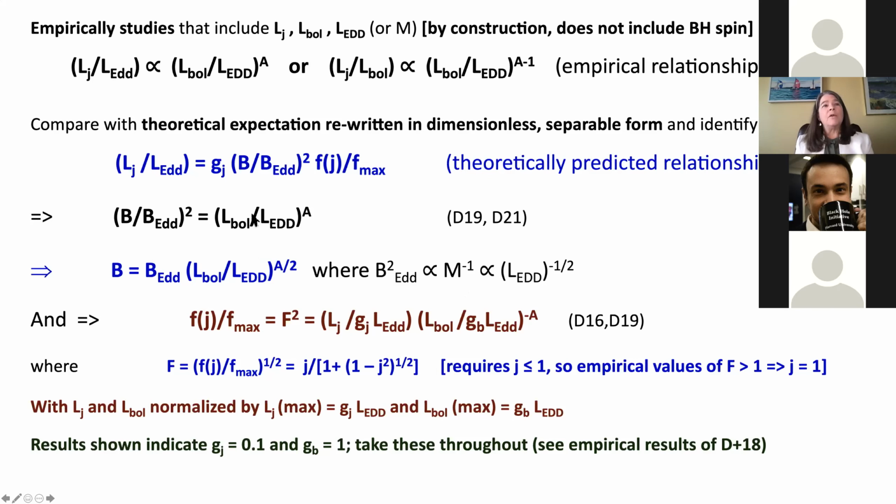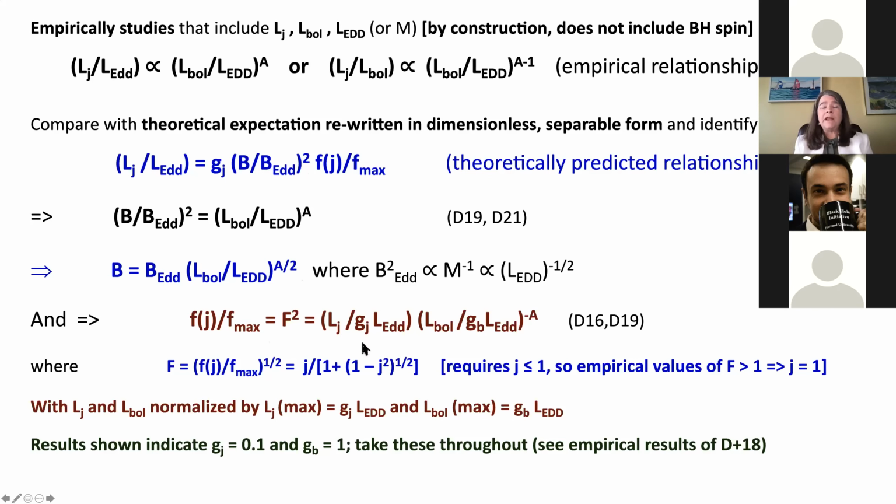We can also now take this relationship and substitute it back into our theoretical equation, eliminating B over B ed squared and substituting in L bol over L ed to the A, and thus solving for the black hole spin, capital F squared, empirically, okay?